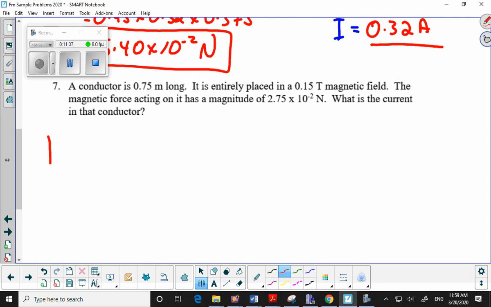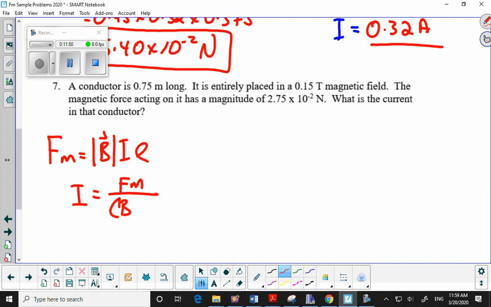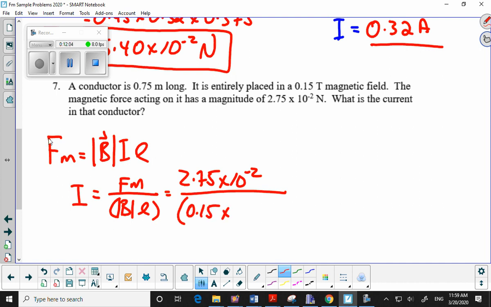Question number 7, it's a wire again, so it's BIL. But we have to rearrange that for I. Magnetic force was 2.75 times 10 to the minus 2 newtons. All that's over the magnetic field intensity of 0.15 times the length, which is 0.75.